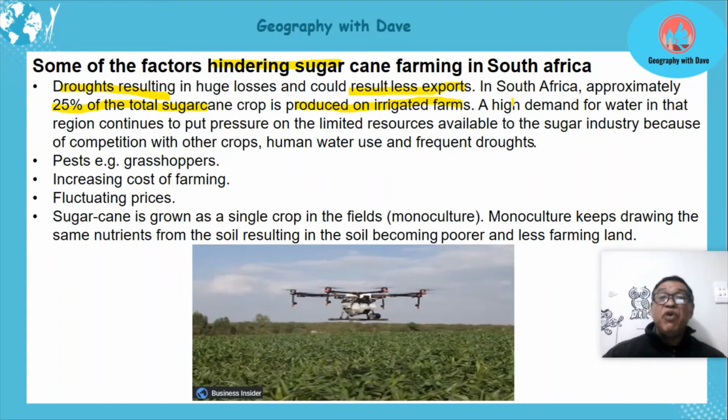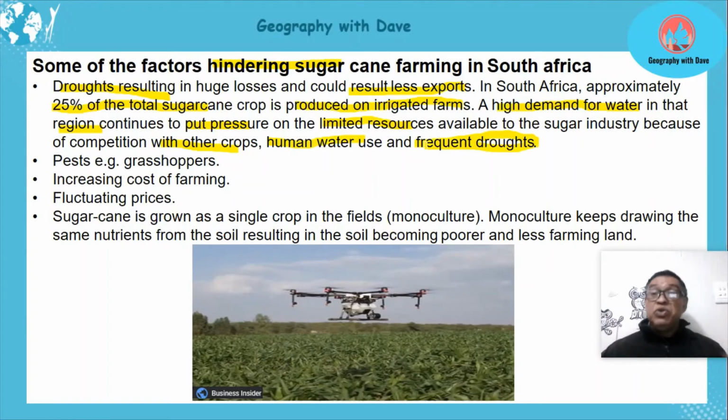Okay, so therefore, it's a high demand for water in those regions. Because it's irrigated, they put pressure on the limited resources available, because of competition with other crops. Other crops also need water, human water use, and of course, the frequent droughts.